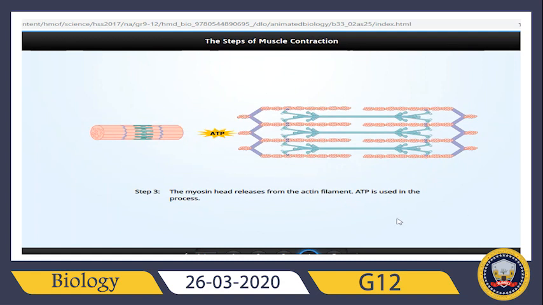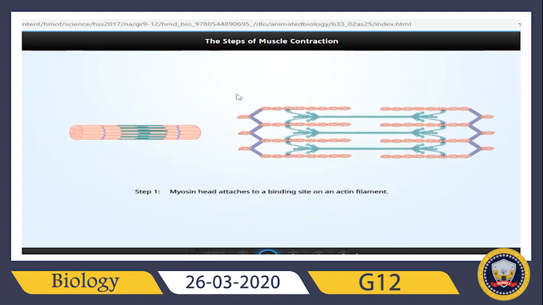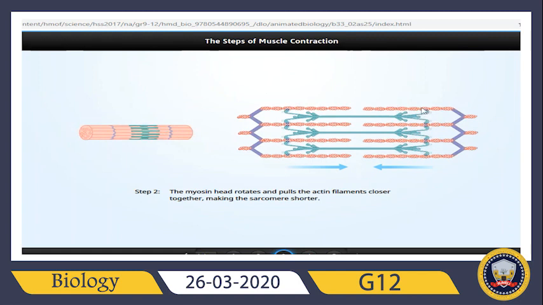So again, let's review this. Now, this is the Z line, this is the M line, actin filament, myosin. This is a binding site between the myosin head and the actin filament. During contraction, the myosin will rotate and pull the actin filament inwards toward the center, the M line. So in this process ATP will be used.